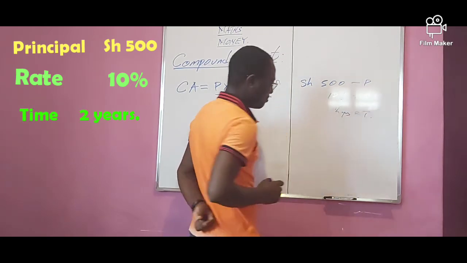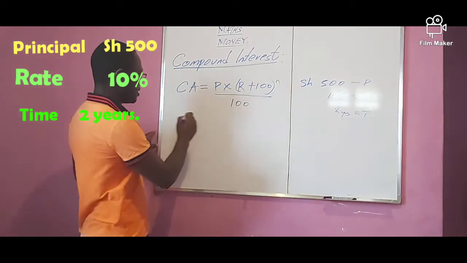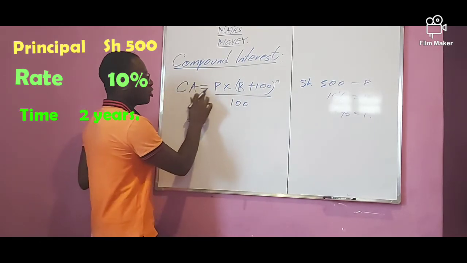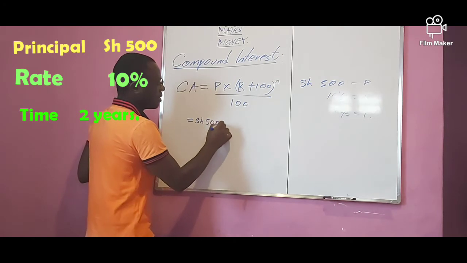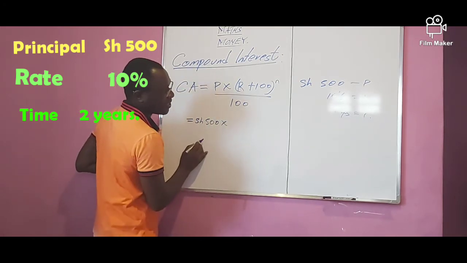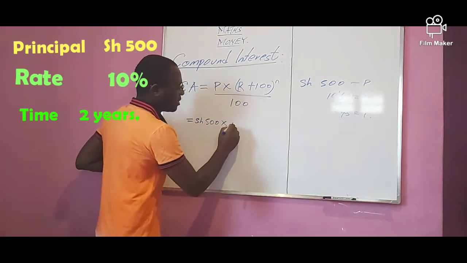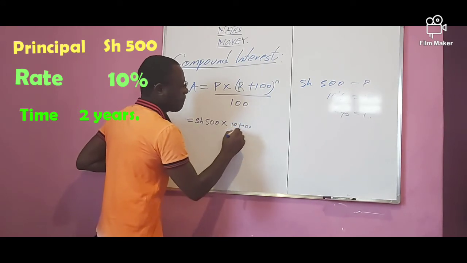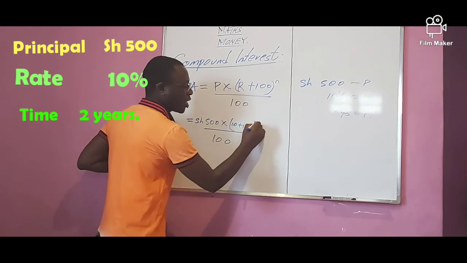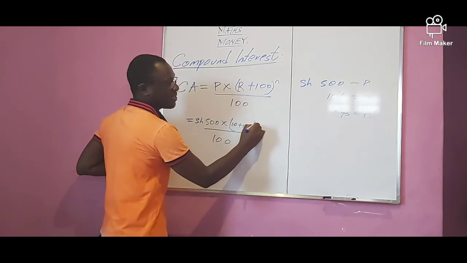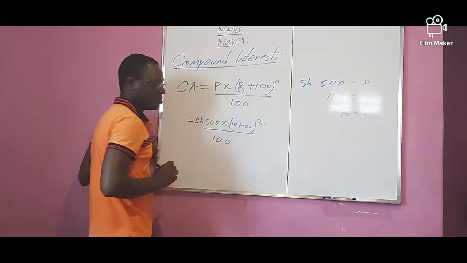So compound amount is equal to principal 500 times rate, 10 plus 100, over 100, raised to N, where N is the time, and our time is 2.